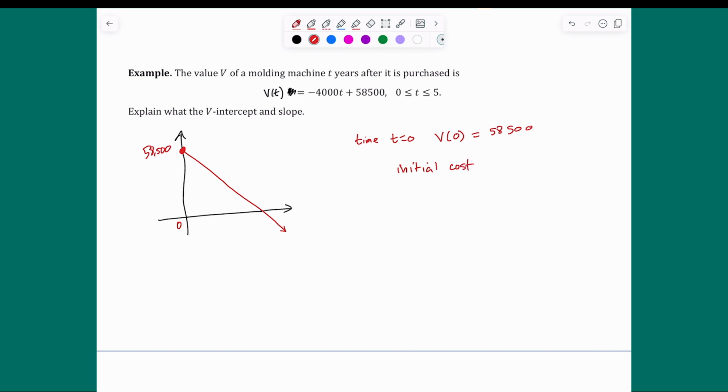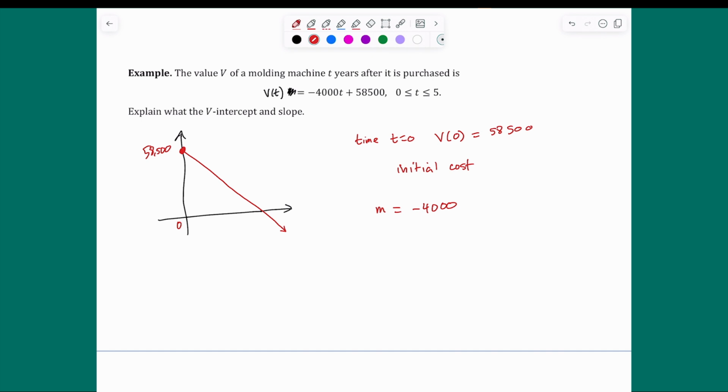All right, what about the slope? Well, what is our slope? It's negative 4,000. And so the value of this molding machine is changing by negative $4,000, I'm assuming here, for every unit increase.